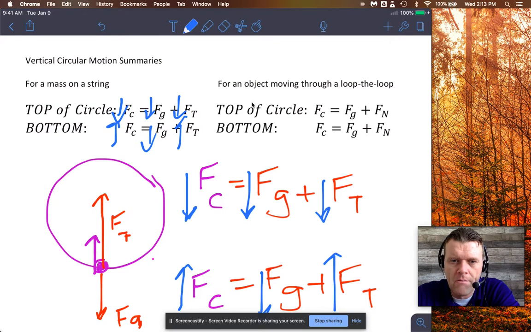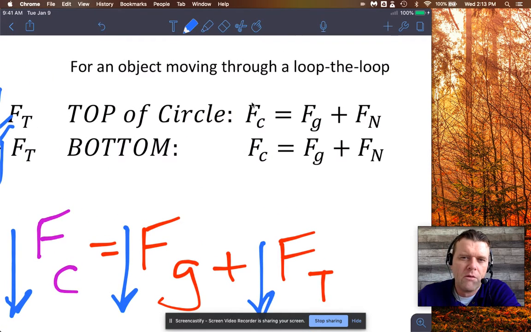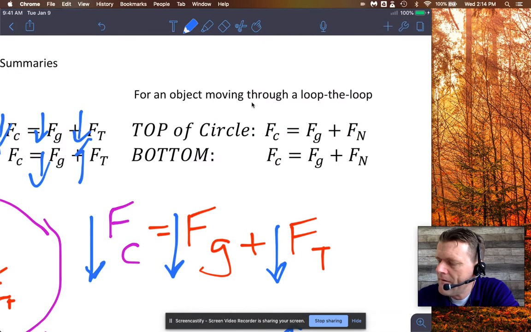Now, I also made this to the right here. What do we do for a loop-the-loop? Well, a loop-the-loop is a little bit different because instead of tension, here, let me just make some room here.